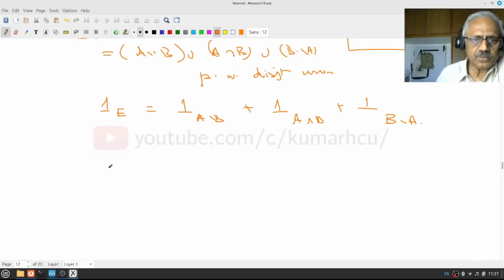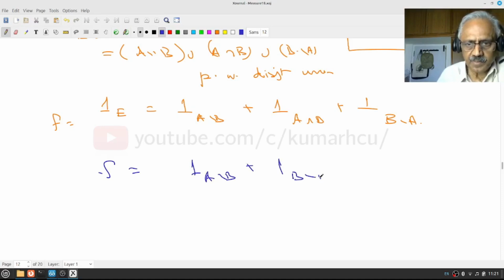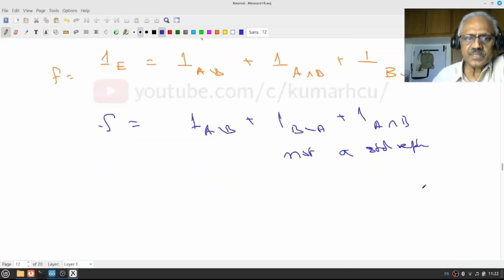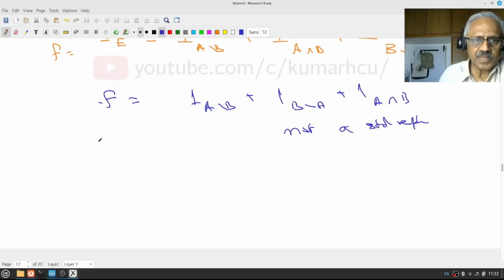So now, call this a simple function f. This simple function f, now I wrote it not necessarily this way: indicator of A minus B plus indicator of B minus A plus indicator of A intersection B. This is not a standard representation. Why? Because f takes only the values 0 and 1.